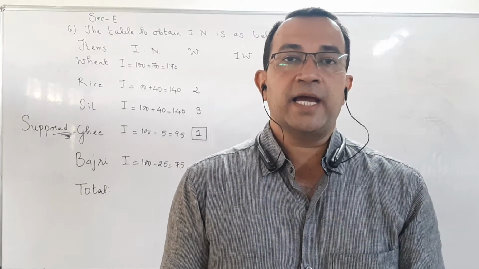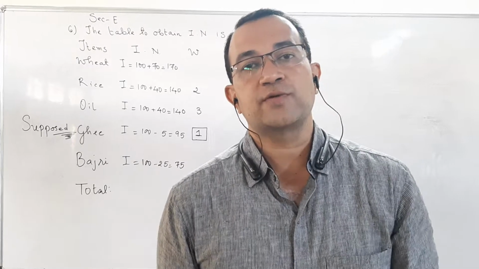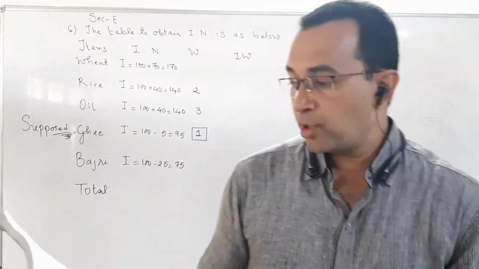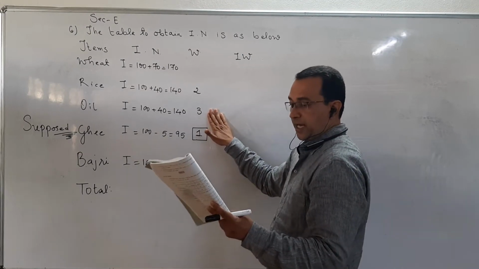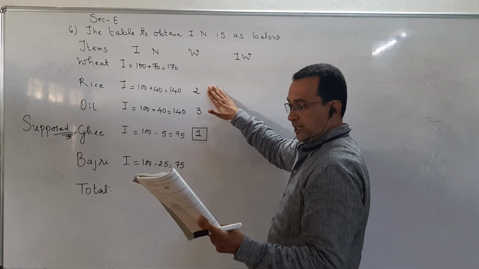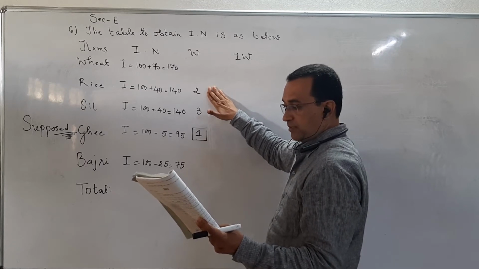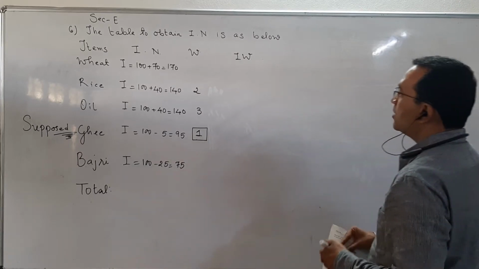So students, I have supposed that the weight of or importance of ghee is 1. So the importance of oil is 3 times that of ghee. So 3 into 1, 3. Rice is double that of ghee. So 2 into 1 is 2. Then an importance each of wheat and bajri is double that of rice. Bajri and wheat is double that of rice.